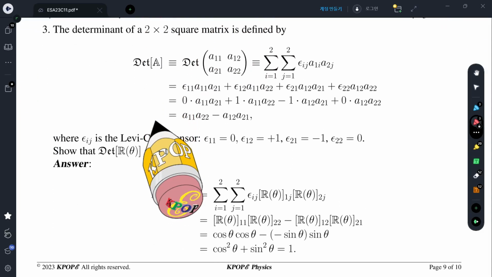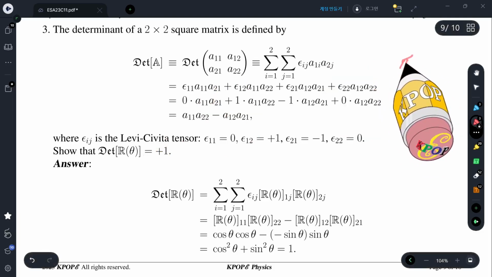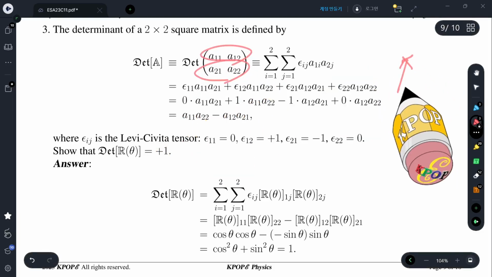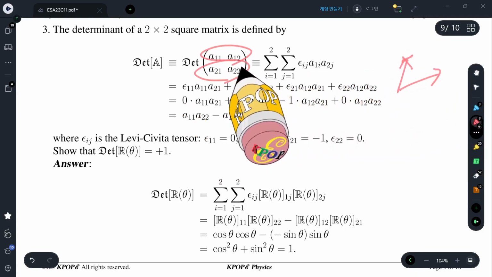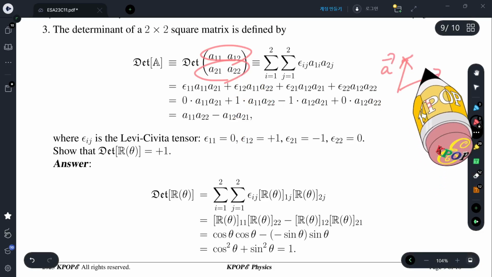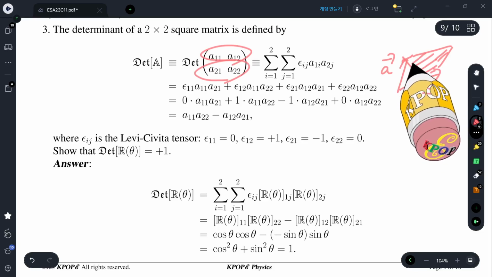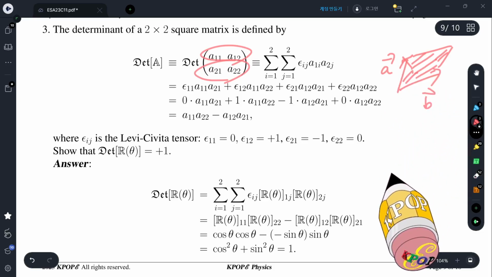Next, we consider the determinant. Determinant is closely related to the area for the 2x2 cases and the volume spanned in higher dimensions. In 2 dimensions, we have 2 rows. We can think of 2 vectors on a plane, and the area of the parallelogram spanned by these 2 vectors.